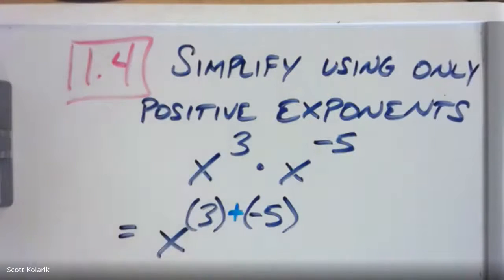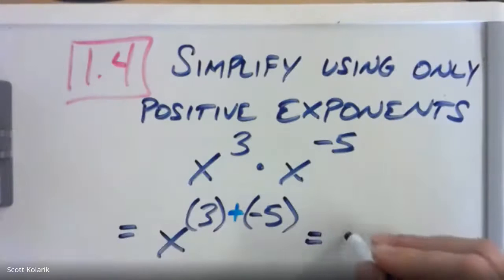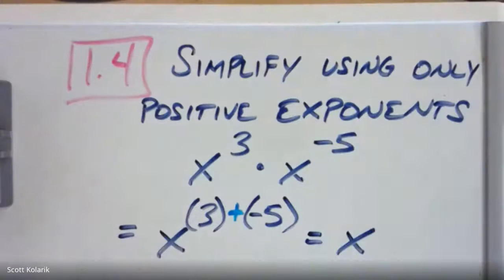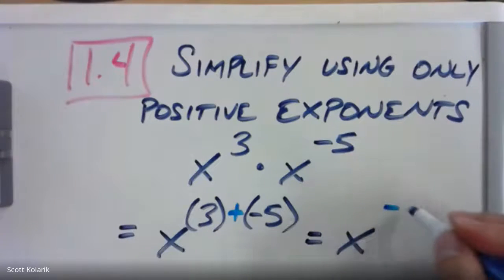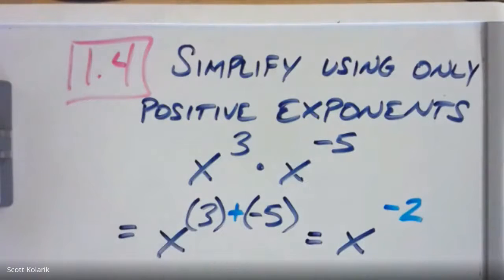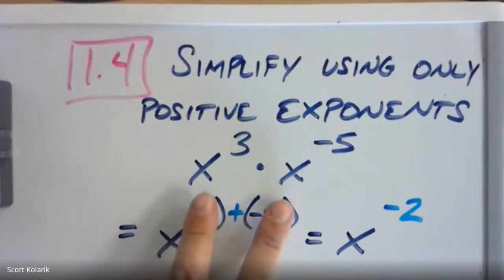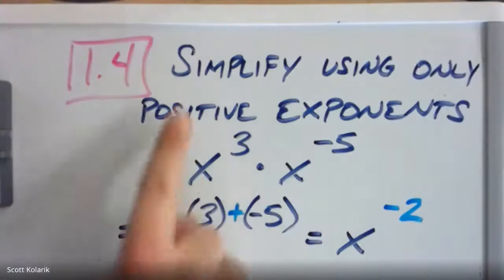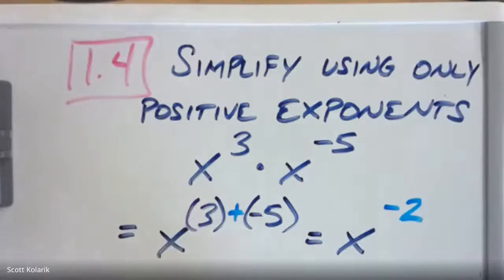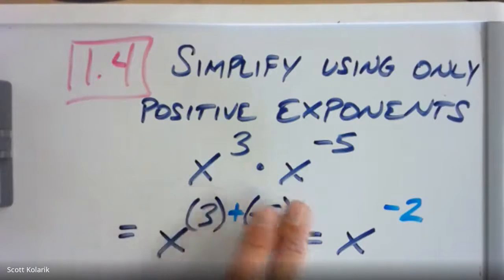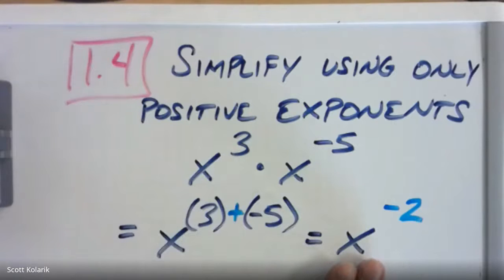So simple enough here. 3 plus a -5 would give me a -2. So I'd have x to the -2 power. Okay, so technically I have done the first task of this problem. I have officially simplified this down to a condensed object.